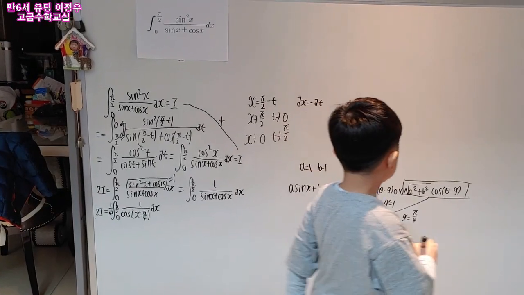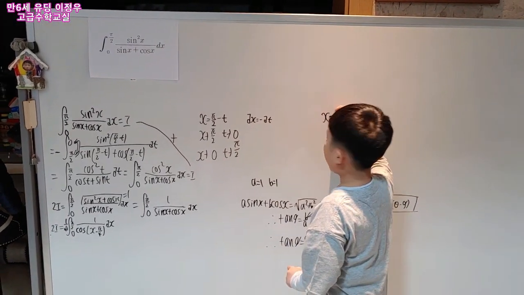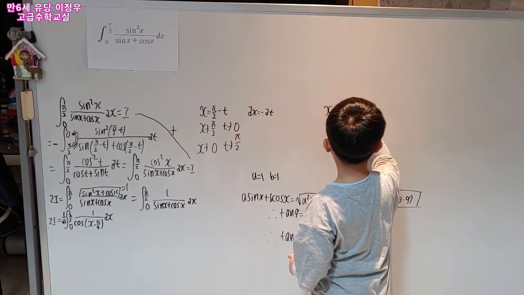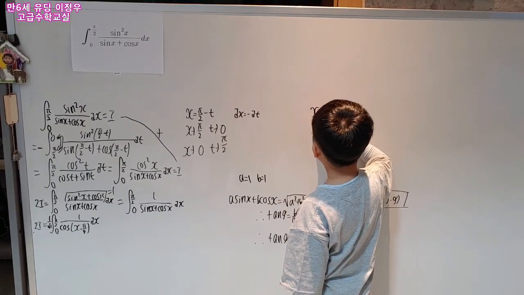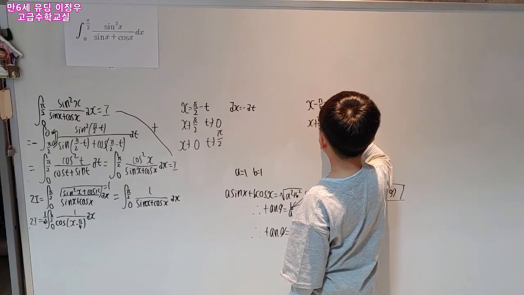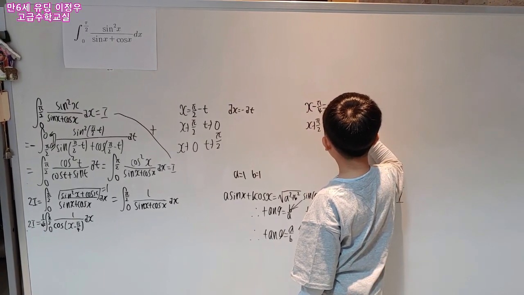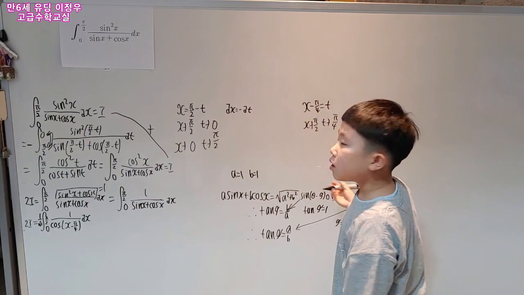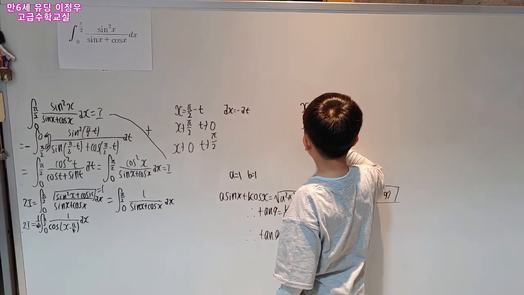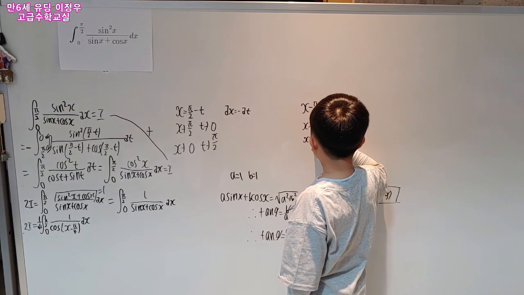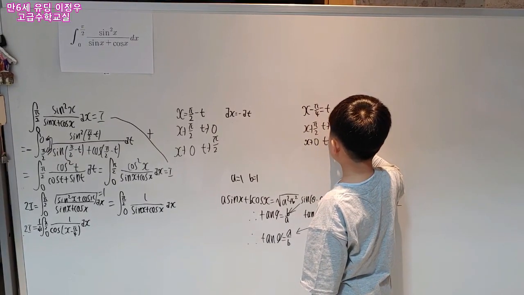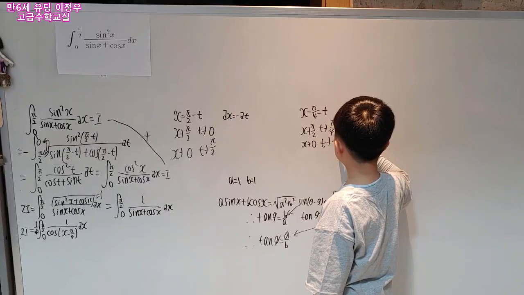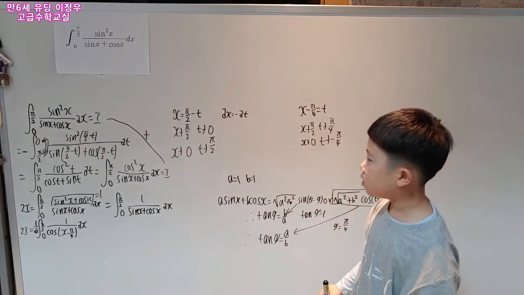We go to x minus pi over 4 equals t. When x goes to pi over 2, t goes to pi over 4, and when x goes to 0, t goes to negative pi over 4.